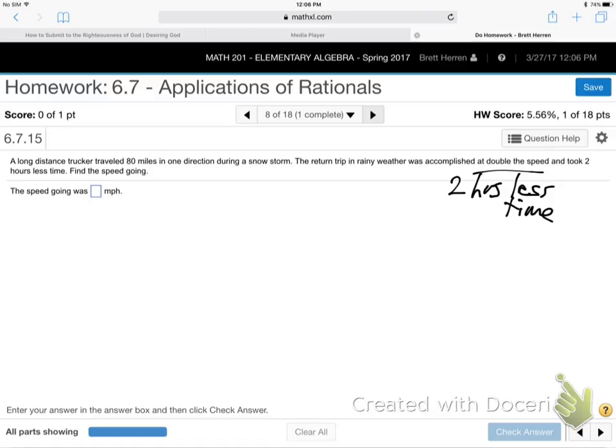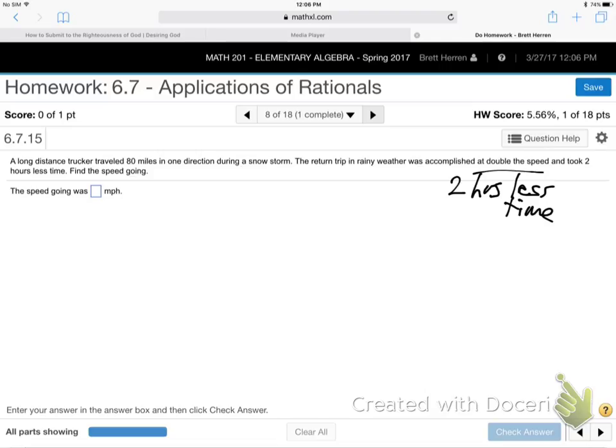It's the same. And then this one. Slower is 80. Faster is plus.